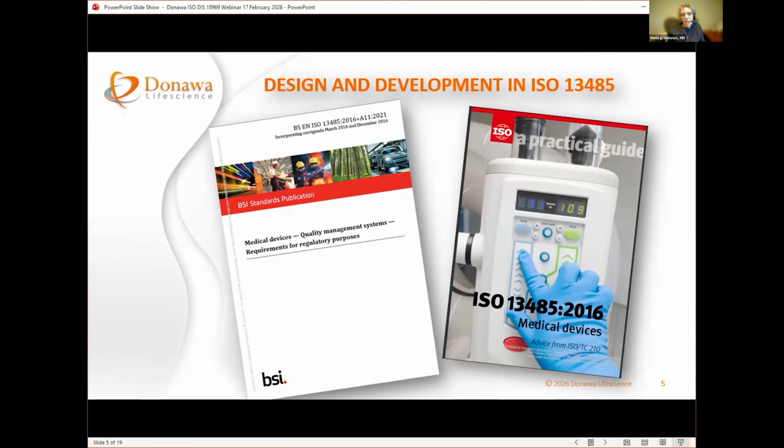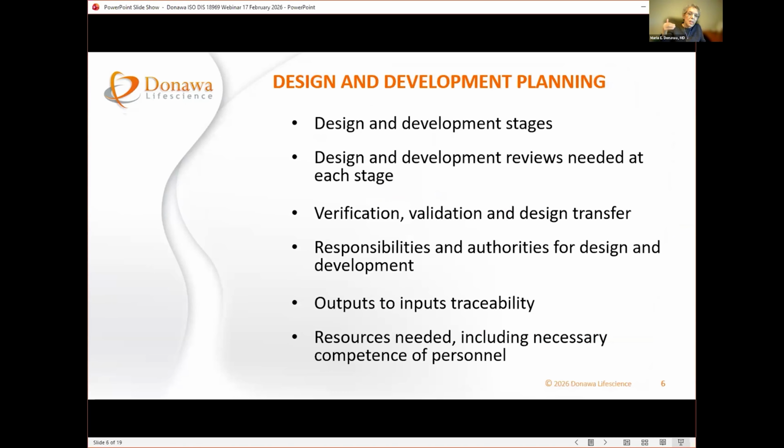And hopefully many of you have experienced or have used the guide, which can provide more detailed information than has been included in the standard. So I'm just going to go through certain parts of the design and development planning activities or design and development stages or phases and just make certain points about how these can be useful in terms of clinical evaluation.